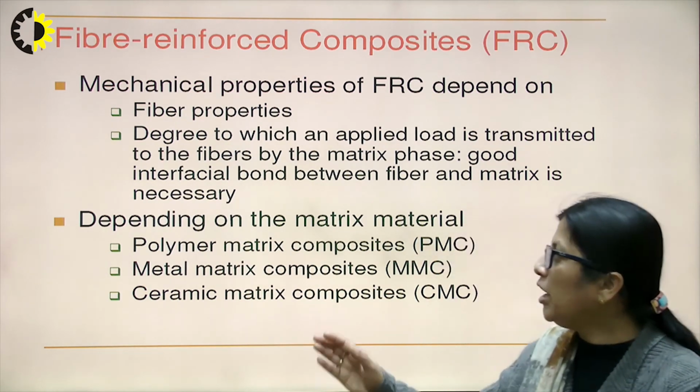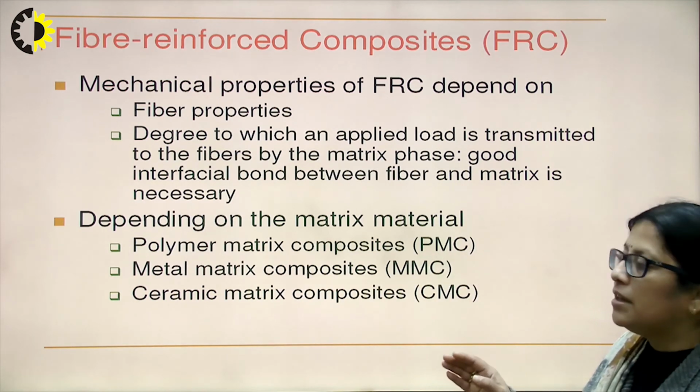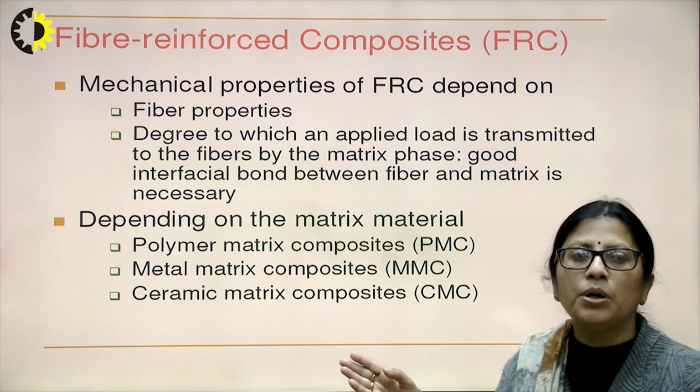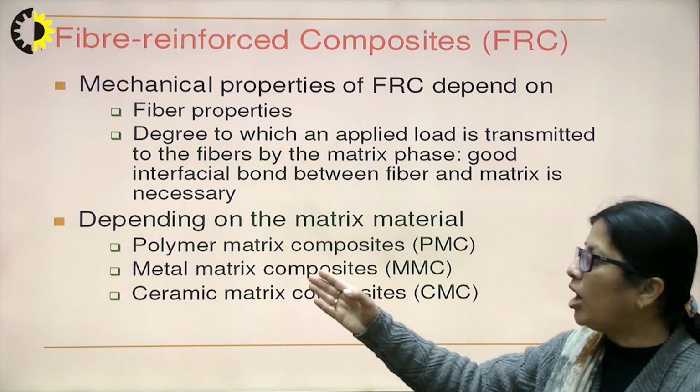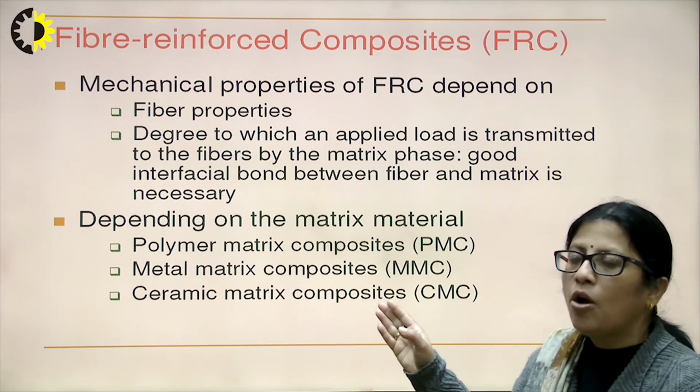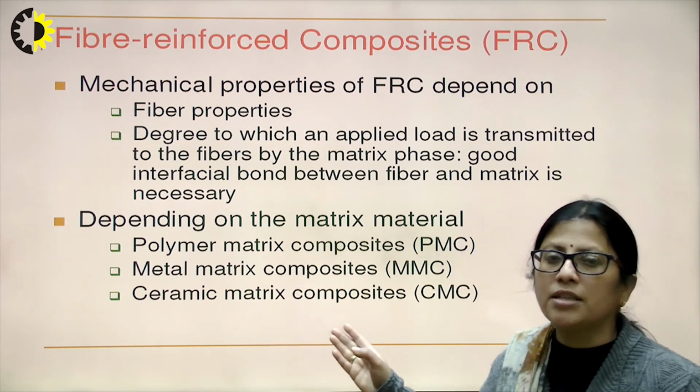So, depending on the matrix material, these fiber reinforced composites are divided into different categories. They can be polymer matrix composites, metal matrix composites, or ceramic matrix composites.